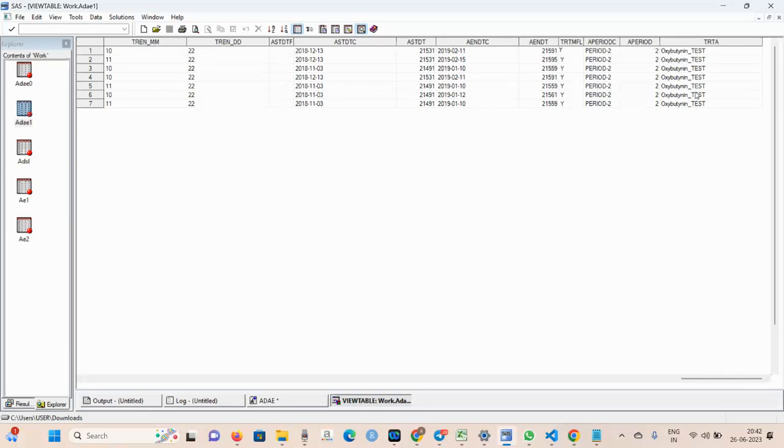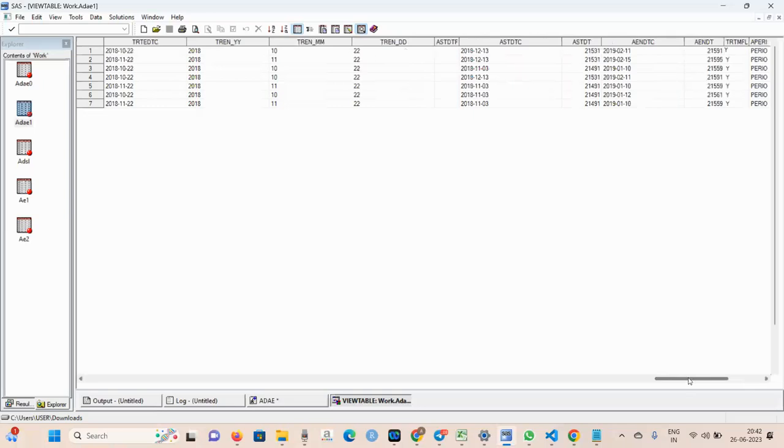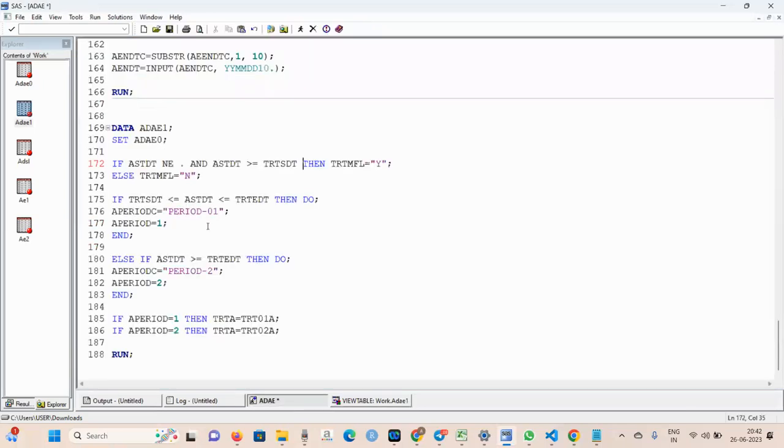There is a small correction. I'm not sure why everything is only the test drug. I think something is wrong somewhere else. I have to check that.